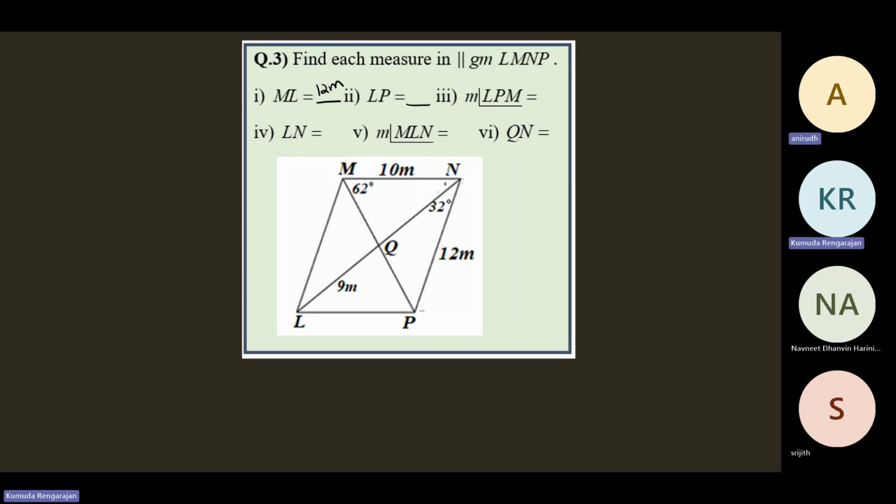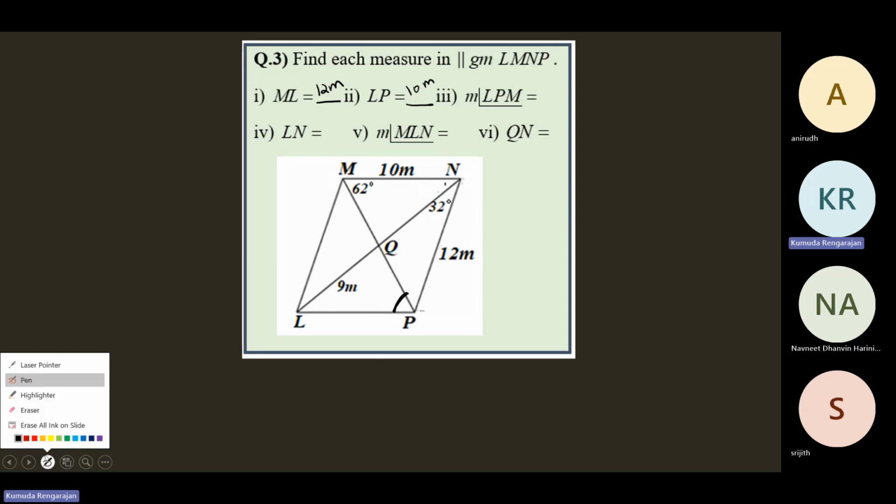LP is equal to? 10 meters. Very good. Measure of angle LPM. LPM, this one, this angle. Measure of angle LPM is 62, ma'am.